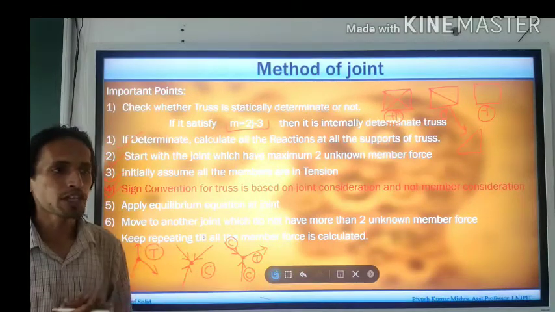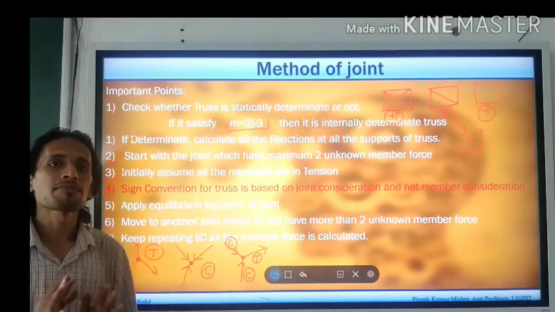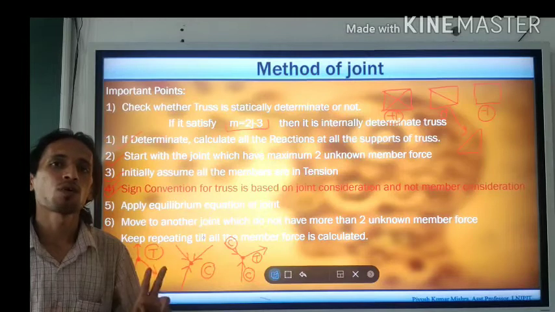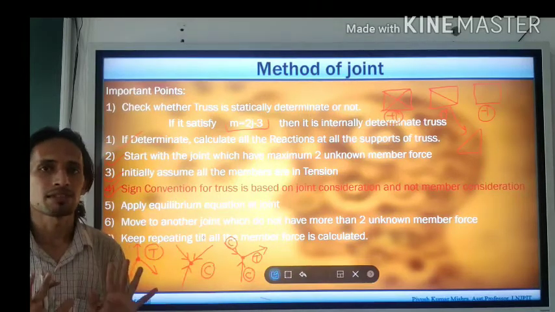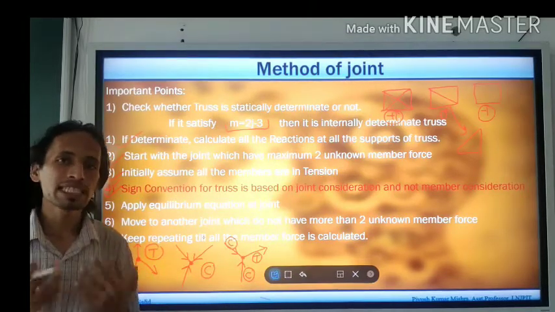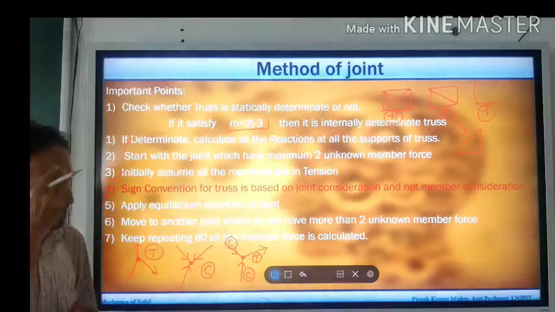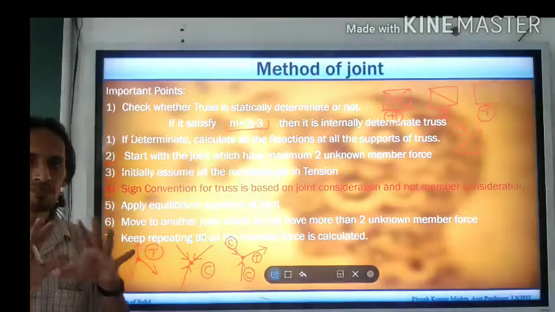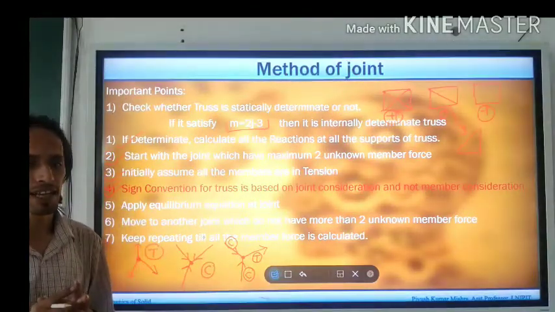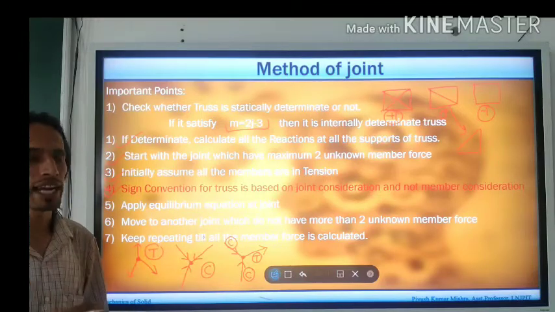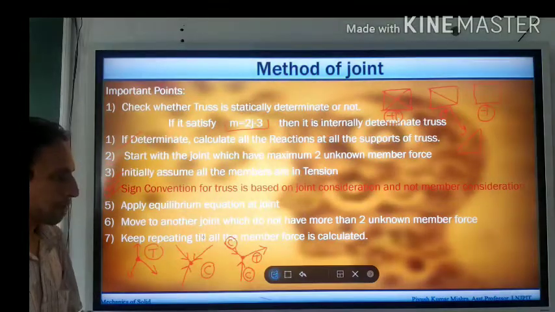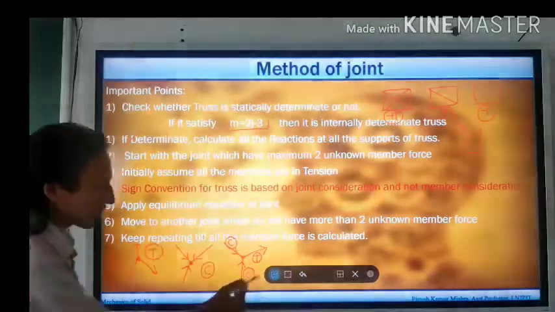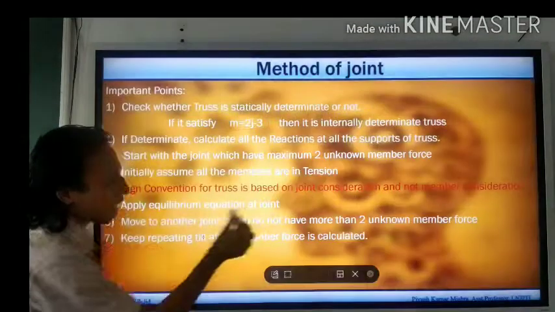You should switch to a joint where a maximum of two unknown forces are there. Then it will be easier to solve the question. You might not get this right now, so we'll solve one question and you will understand how to do this.